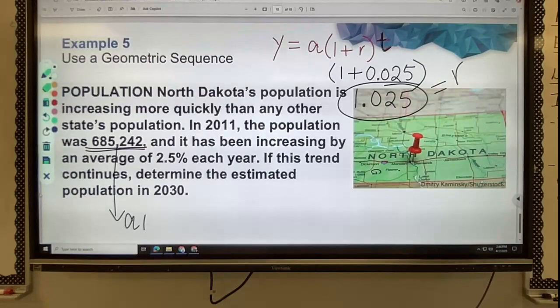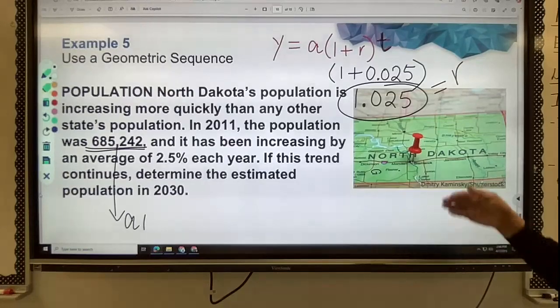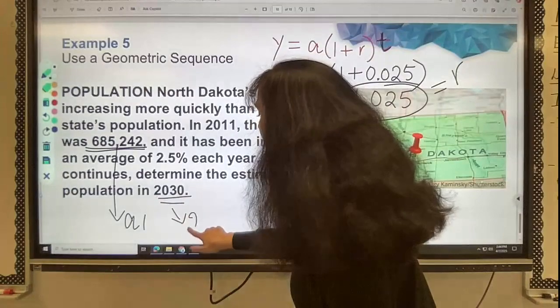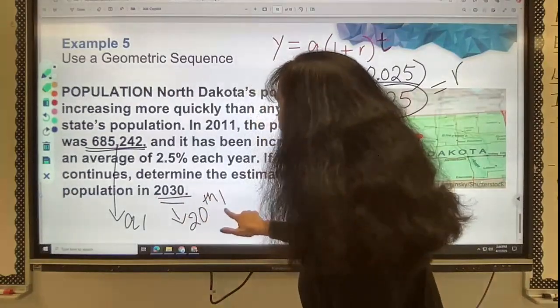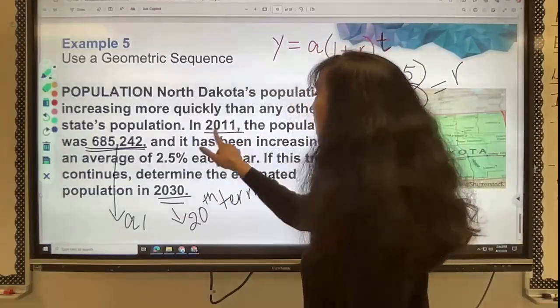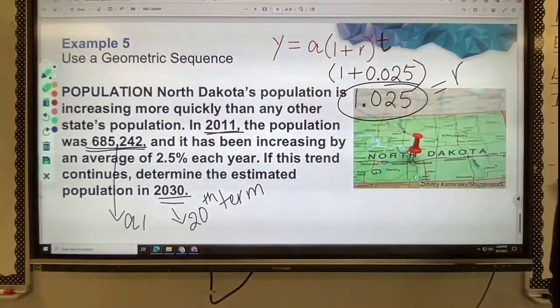So from 2011 to 2030, that is my 20th term. So till here, that would be my 20th term in the sequence. Okay, because from 2011, I'm going to 2030.